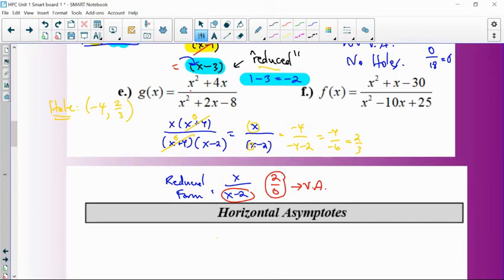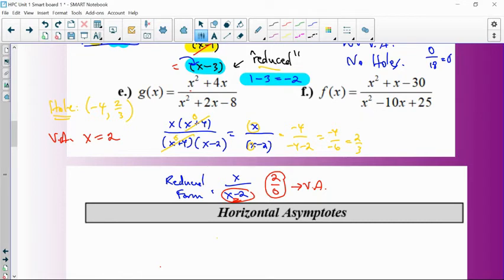So this graph actually has both a hole and a vertical asymptote. How cool, right? And where does the vertical asymptote exist? When x is equal to 2, because that's still a denominator issue. So it has a vertical asymptote, and the equation of a vertical asymptote, which is a vertical line, is x equals 2.